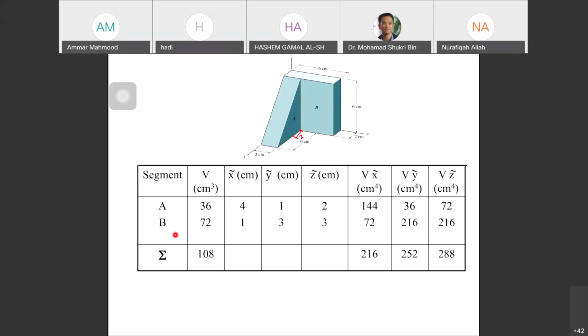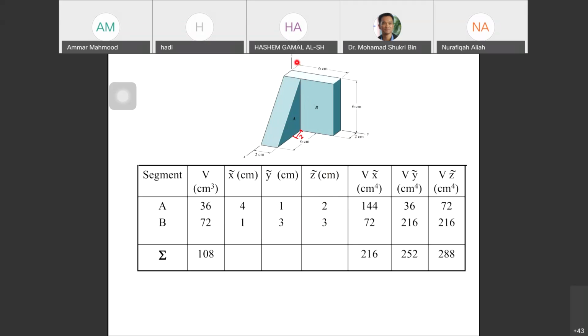Same with B. B is a rectangle, simply height times width times length, so you have 72. x bar is 1. Here is X, so x bar is half, 2 divided by 2 is 1. And then y bar is 3, which is 6 divided by 2. And z, you also have z because this is 3-dimensional.